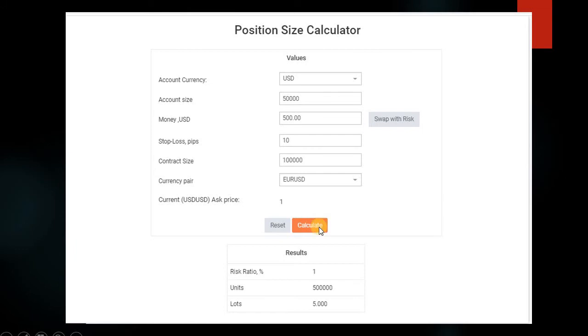By the time we calculate, the resultant effect is that we are using just 5 as our lot size in order for us to achieve this minimum risk that we've placed here. So it's very important for us to know that if we use a wrong lot size, we may not guarantee that we will stick to our minimum risk.